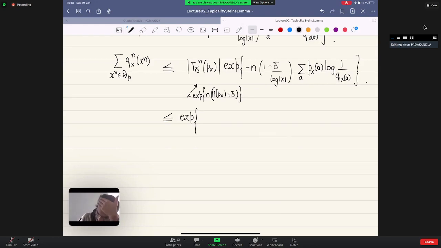Yeah, so you will get something like minus n times 1 minus delta by log cardinality of x, a belonging to x. Remember, H of P_X is minus P_X of a log P_X of a. So you will get something like this: P_X of a log P_X of a divided by Q_X of a.